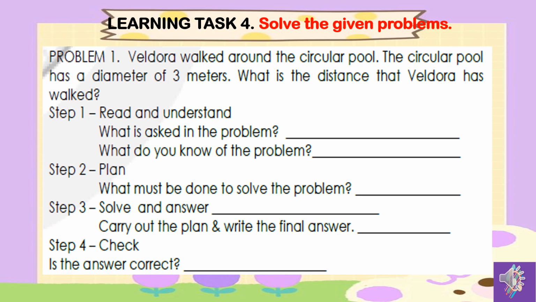Step 2, plan. What must be done to solve the problem? Step 3, solve and answer. Carry out the plan and write the final answer. And step 4, check whether your answer is correct. Okay, so let us now solve.